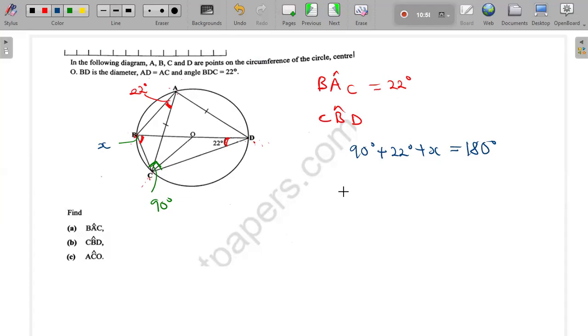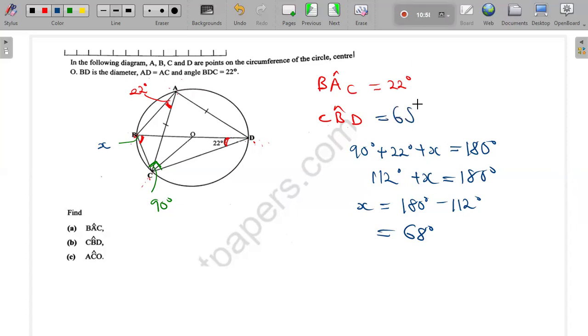When we add 90 plus 22, we have 112 degrees plus X equal to 180 degrees. So X is 180 degrees minus 112, and this gives me 68 degrees. So angle CBD is just 68 degrees.